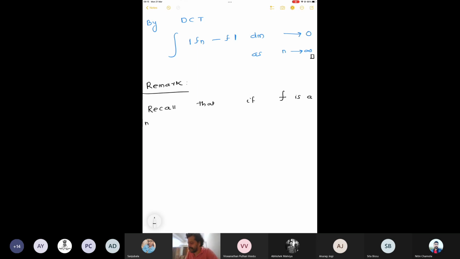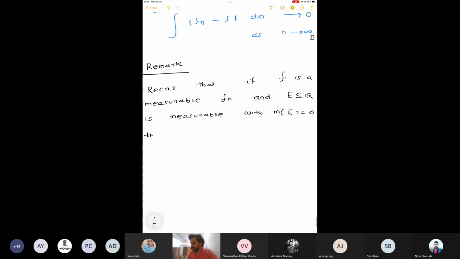If f is a measurable function, and E subset of R is measurable with the measure of E equal to 0, then integral over E mod f dm will be equal to 0. Try to prove it, if at all I have not proved it.